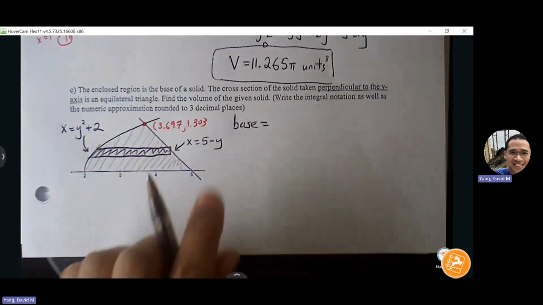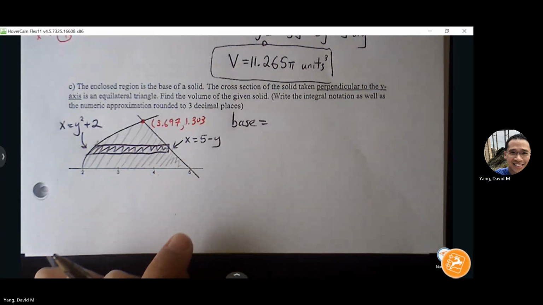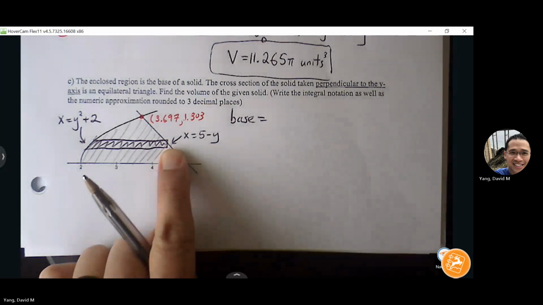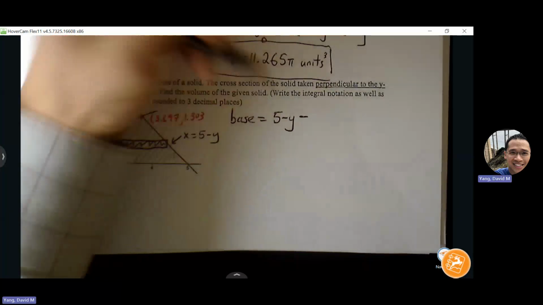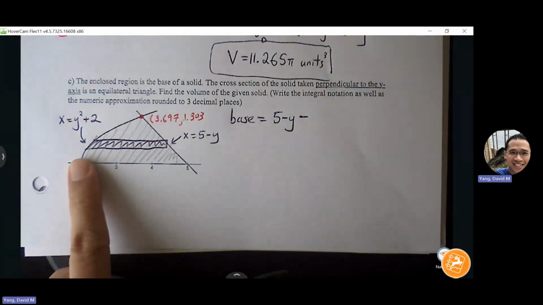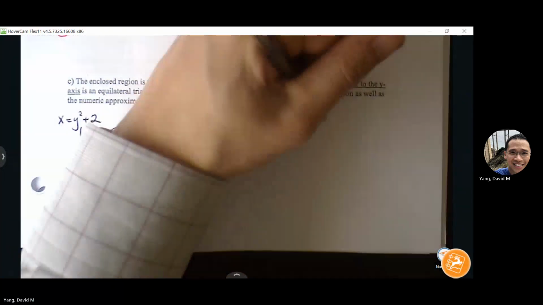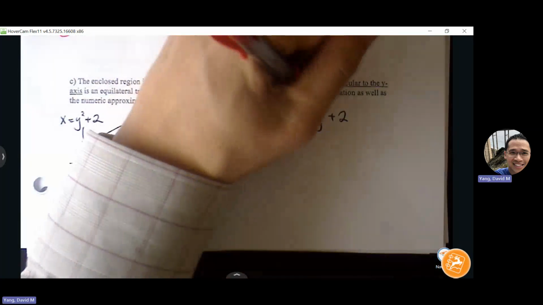Right minus left. So what's the right endpoint of the base length sitting on? Minus, what's the left endpoint? Okay, any adjustment that we need to make here? Parentheses, yeah.